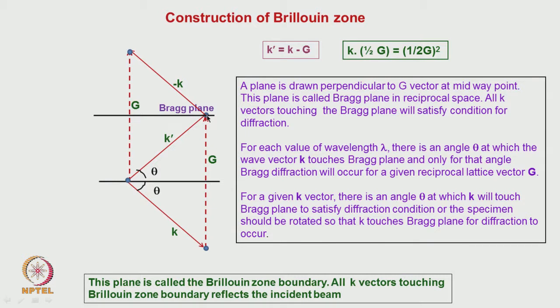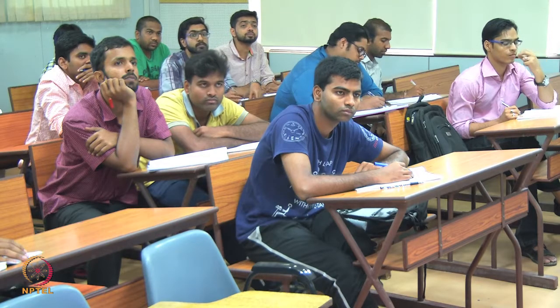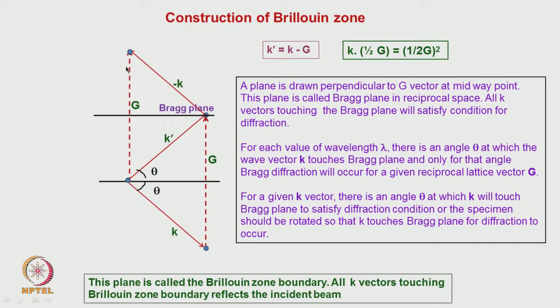It is similar to a lattice plane, because when we draw this, we can draw it in any way. Okay. So, then where is the k dot half g squared? If this is g, this will be half g, correct? K dot half g, if you take it, that is k dash sin theta, cos theta. Okay.